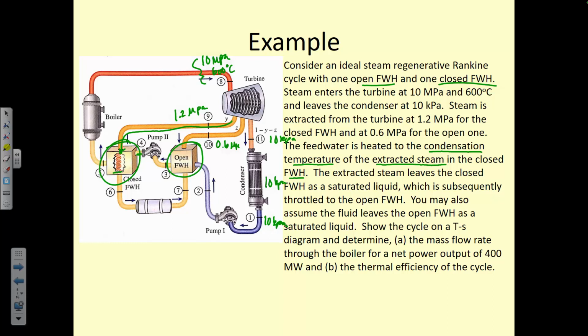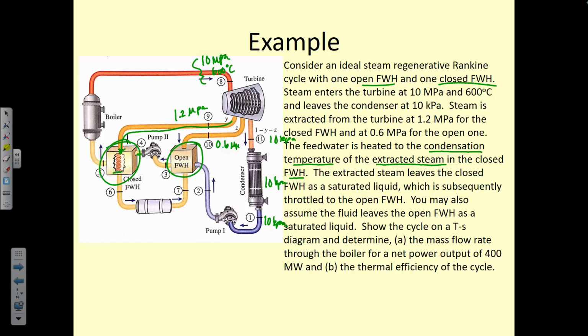So what does that mean, the condensation temperature of the extracted steam? Where it turns to liquid. At what temperature does that happen? The saturation temperature, not 100 degrees, that's only at atmospheric pressure.